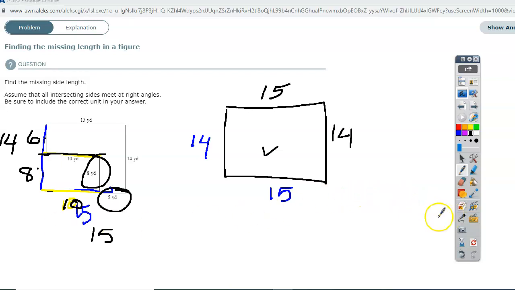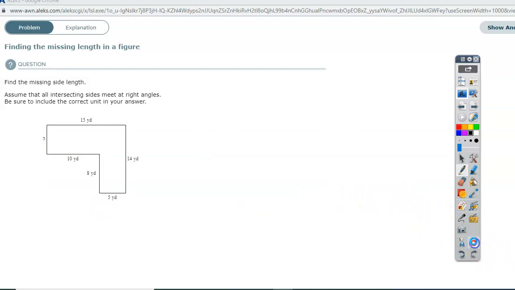So the first thing I'm doing, let me start over, is looking at the longest sides. This is 8 right here, and this is 10 right here. If I put it all together, this 10 and this 5 equal that.